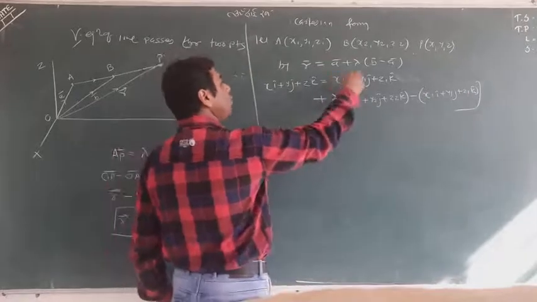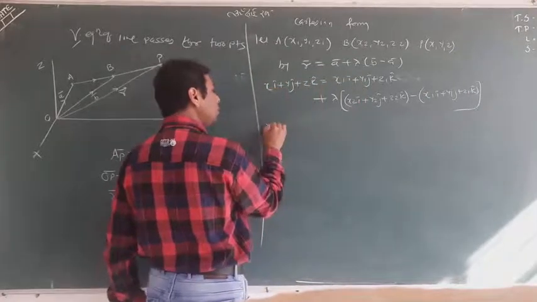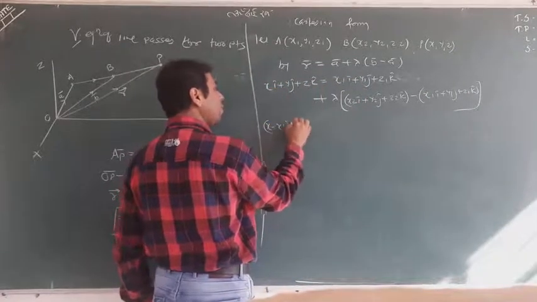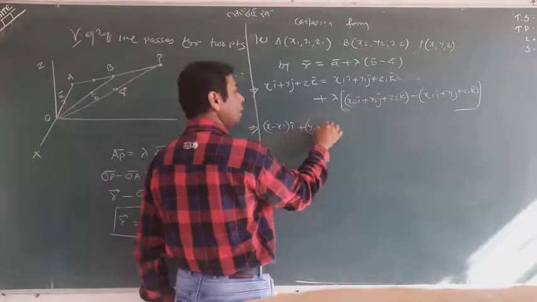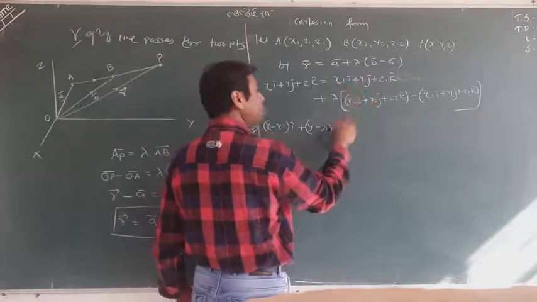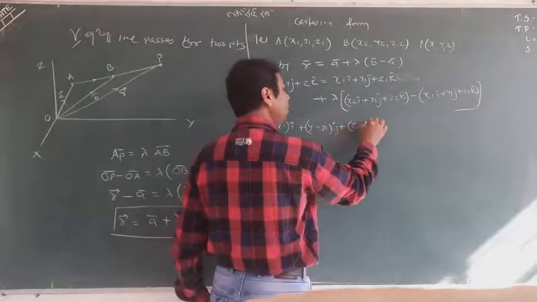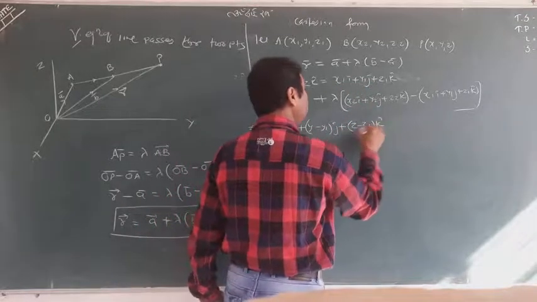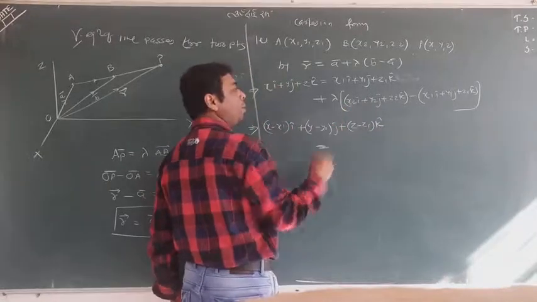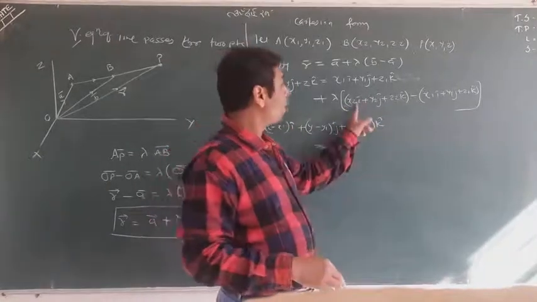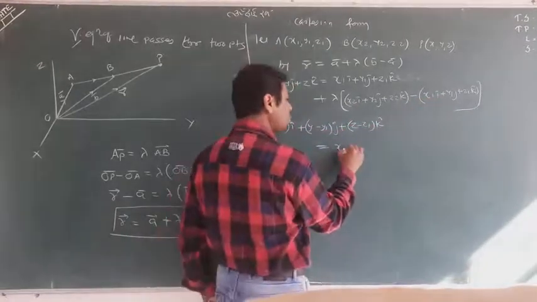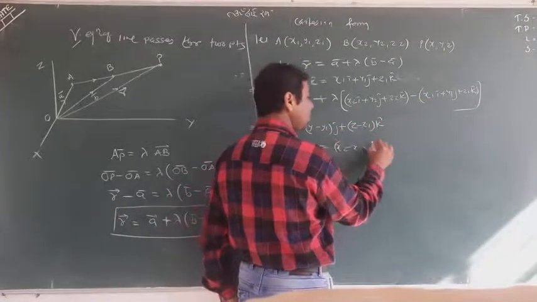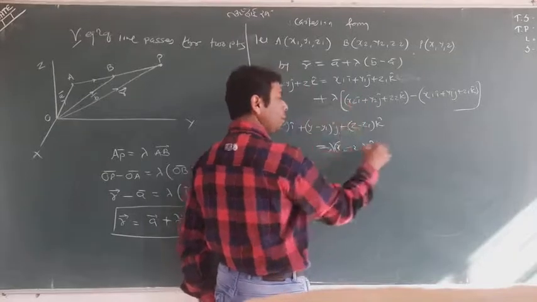Now I would transfer this here: x minus x1, I common, then y minus y1, j common, then z minus z1, k common, equal to, putting two things together, x2i minus x1i, take I common, (x2 minus x1) i multiplied by lambda.